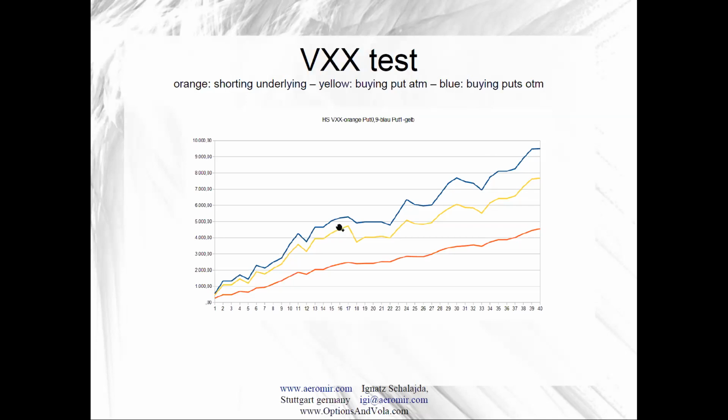As you can see here, the drop here is much bigger than the drop here. Why? Because you lose a lot of extrinsic value near at the money, and if you are out of the money, you have less loss in extrinsic value relative to the price you paid for the put.